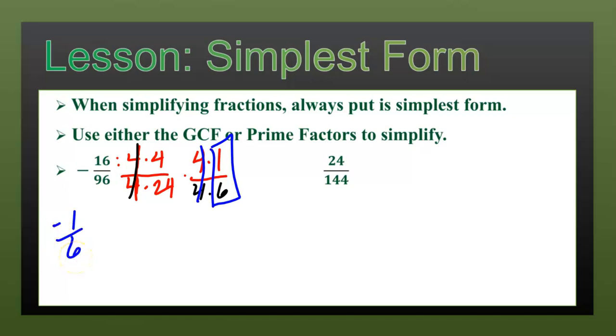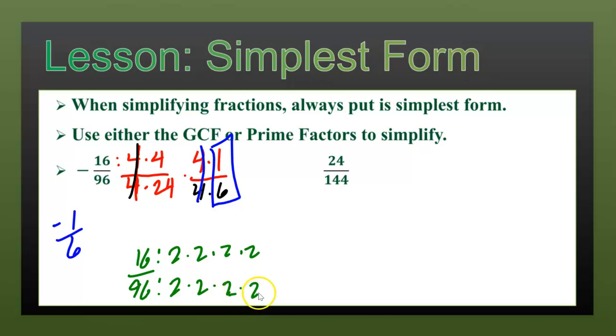Now, if I were to do it with just prime factors, I could do 16 would be 2 times 2 times 2 times 2. And 96 would be 2 times, so half of 96 would give us 48. And half of 48 would give you 24. And half of 24 is 12.